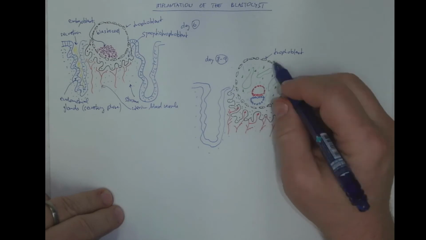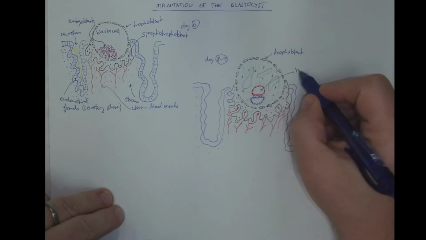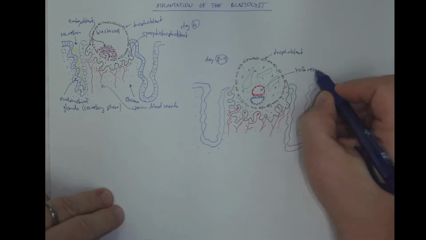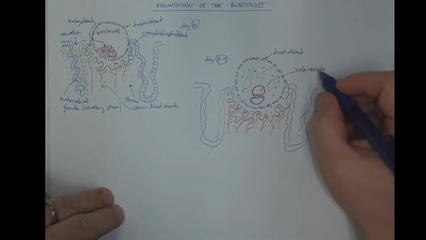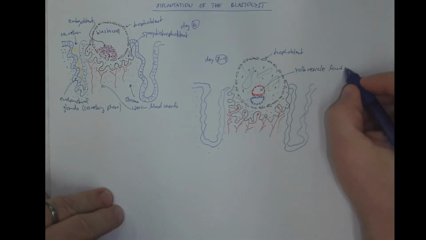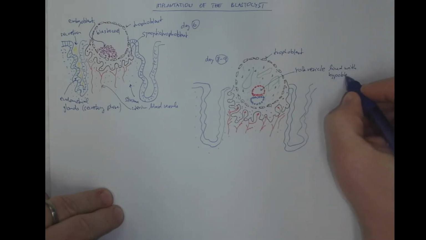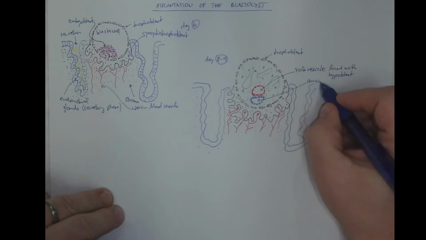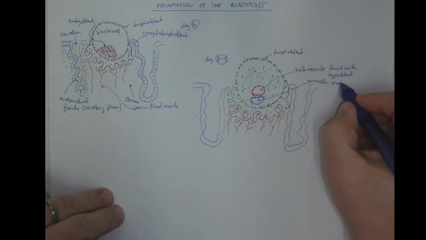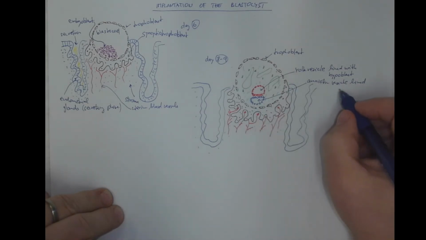Namely the yolk vesicle, which is lined with cells called hypoblast, and the amniotic vesicle, lined with a layer of cells called epiblast.